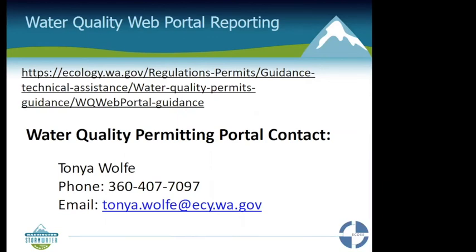It's a bit complicated, and she is the best resource I think that Ecology has. No offense to anybody on here, no, there's no regulators on the line. Anyway, just know that she is so helpful and always willing to help. So that's her phone number and her email. Yes, she is a lifesaver.